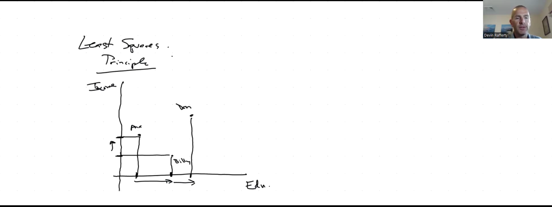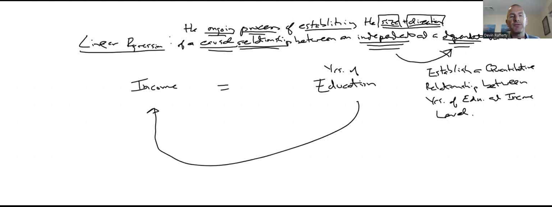The least squares principle is how we actually find numbers for our quantitative relationship. It is how we actually find, oh, if you get a college degree, this will go up by $20,000 a year. But if you get a master's degree, this will also go up by another $15,000 per year. That's how we find it.